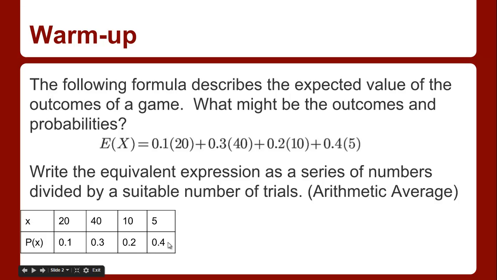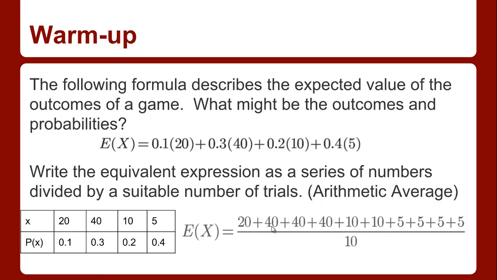And if that's what we expect, we can actually calculate the average. This is going to be the expected value, x times p of x, and add them all up. But we can also calculate the average the exact same way by adding up 1 20, 3 40s, 2 10s, and 4 5s, and just dividing by 10. That'll get you the exact same thing.